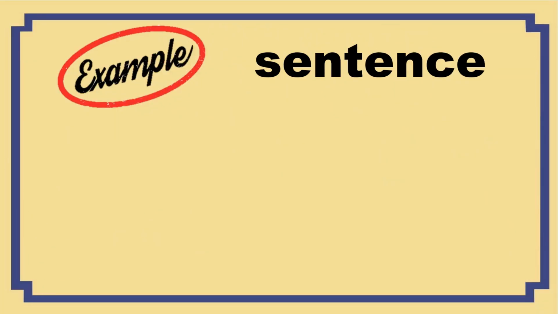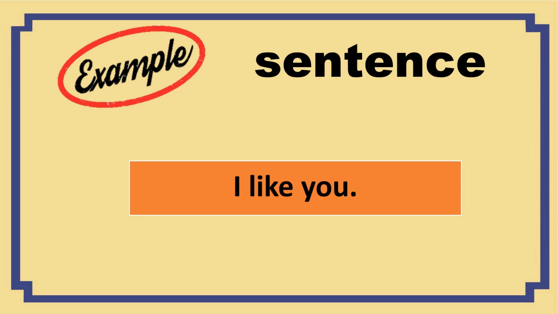For example, I like you. In this sentence, the subject is I and the complete predicate is like you. This has a complete thought and ends with a period. So this is an example of a sentence.